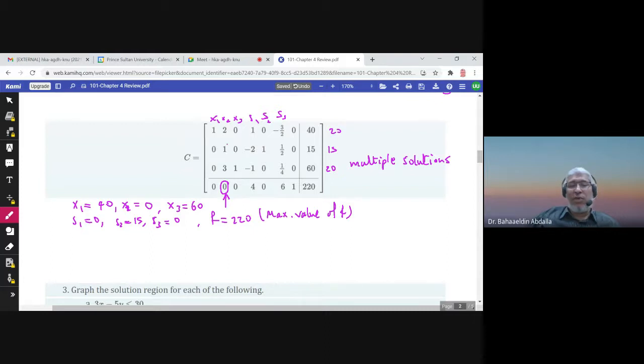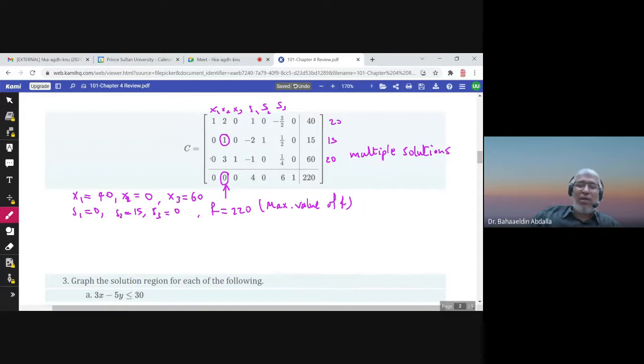So this number would be the pivot entry. So it is 1, and we use it to make 2 and 3 zeros. So 1 in row 2, column 2 is the pivot entry.